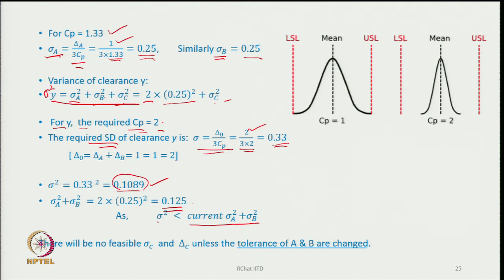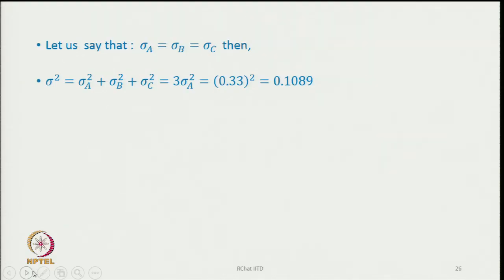So, what we need is to change the tolerance of A and B, that is delta A and delta B have to be changed, otherwise it is not going to give you any solution.